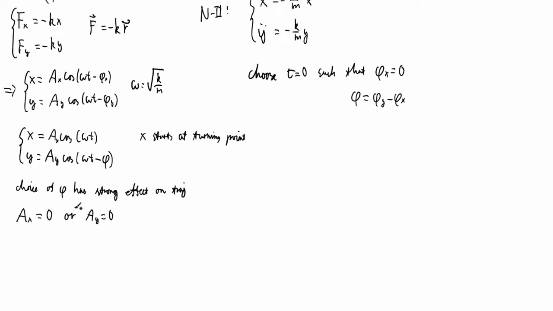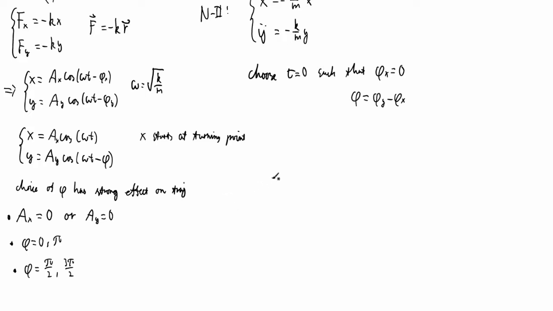Not both, of course, because then you have no motion at all. Then we're going to look at phi equals 0, or for that matter, pi. And then the third case we're going to look at is phi equals pi over 2 or 3 pi over 2. Or minus these values. That works too.